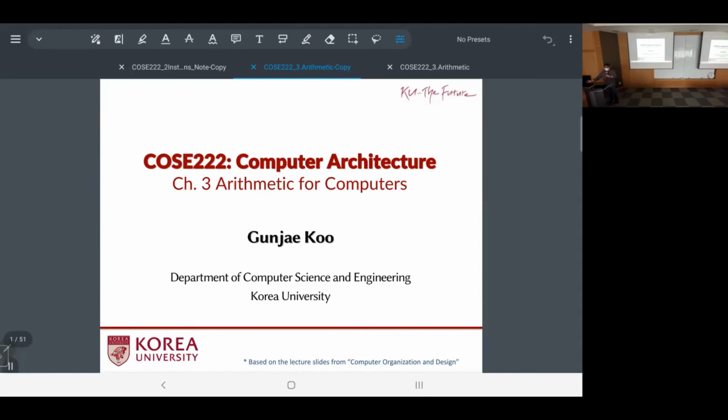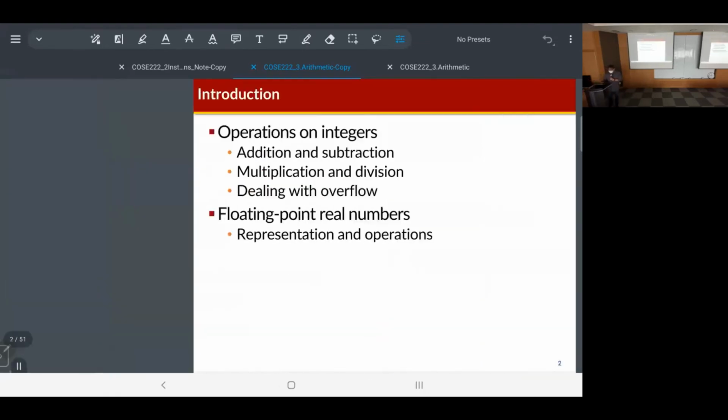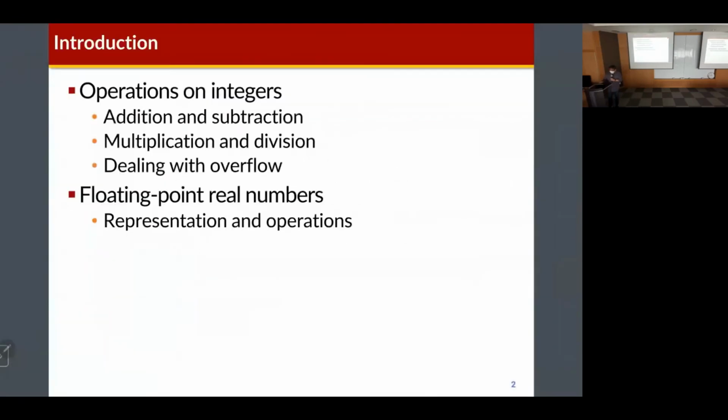computer hardware. So, for example, think of the add instruction, like add x1, x2, x3. In chapter 2, we learned that the add instruction requires two operands from registers. The registers store 64-bit binary data.